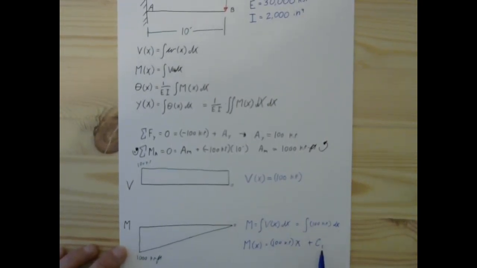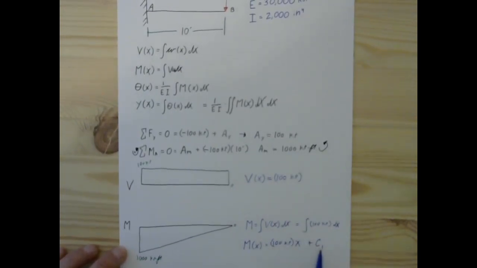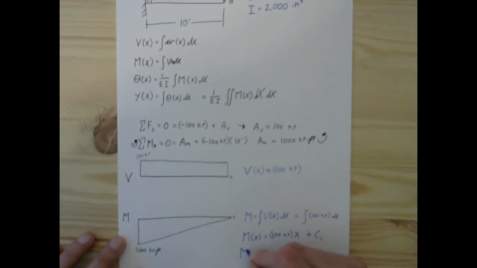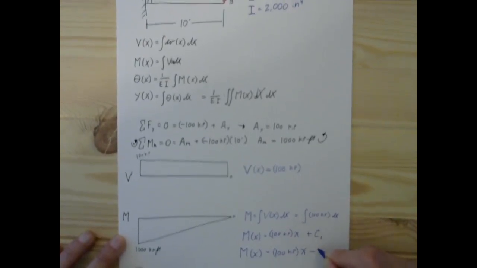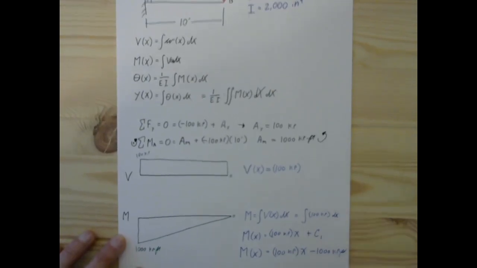In this case, because we've got this reaction at point A, we can determine that c1 sure as heck better be negative 1,000 kip feet. So that's what we'll make our function: 100 kips times x minus 1,000 kip feet.